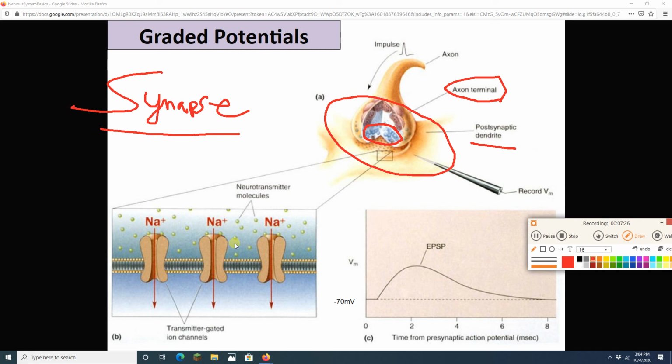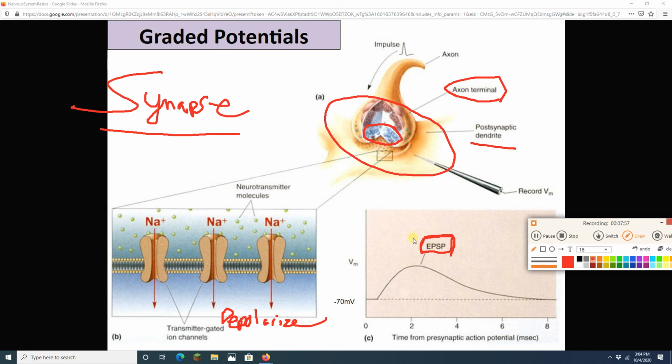In response to the binding of the neurotransmitter, the sodium channels are going to open up, and as depicted here, sodium is going to rush in. This is going to depolarize this particular spot in my dendrite. We have created an EPSP, an excitatory postsynaptic potential.